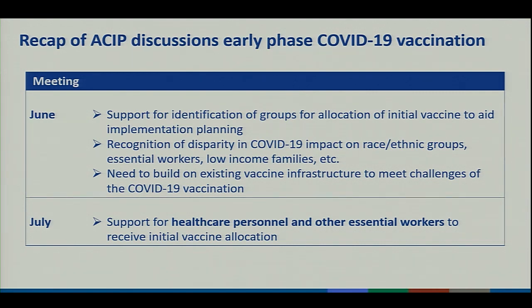Also, attention was called to the need to build on existing vaccine infrastructure to meet the challenges of COVID-19 vaccination. In July, ACIP expressed support for healthcare personnel and other essential workers to receive initial vaccine allocation. Next slide.